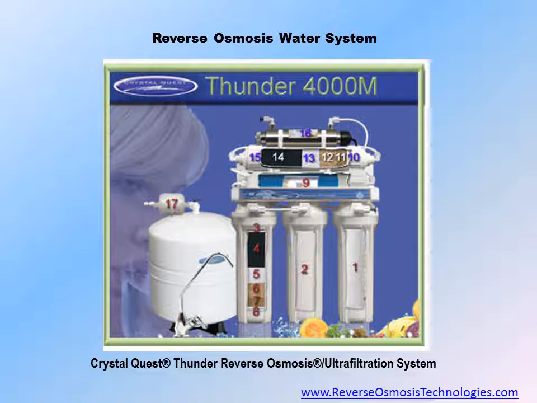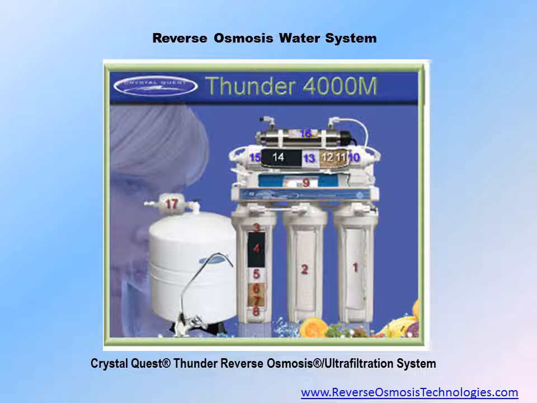Stages 10 through 15 contain purification media that's nearly identical to stages 1 through 8 to ensure the purest water possible. Stage 16 is an optional ultraviolet water sterilization system that kills and minimizes bacteria, viruses, and protozoa.